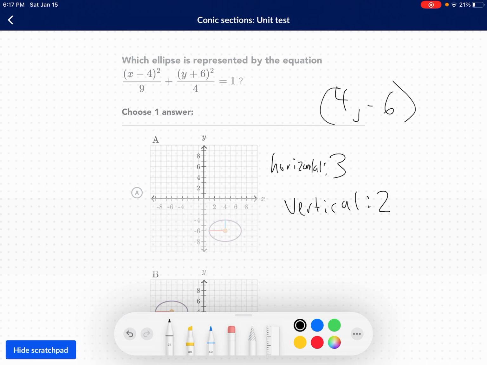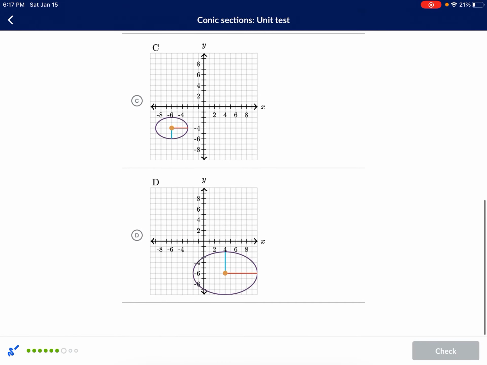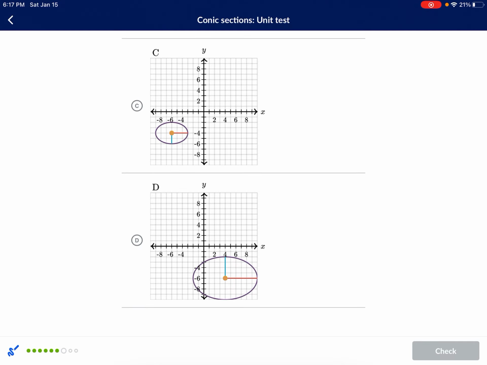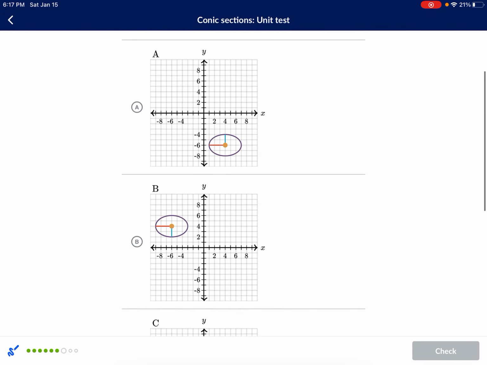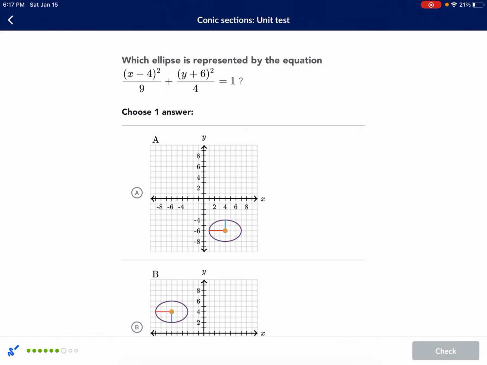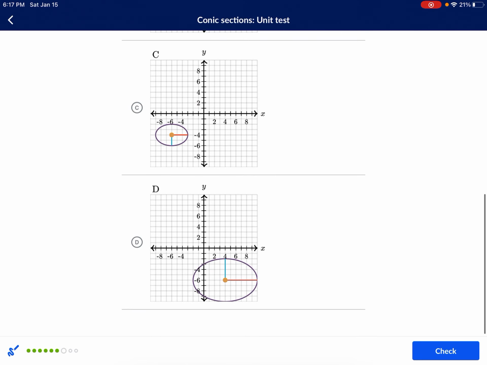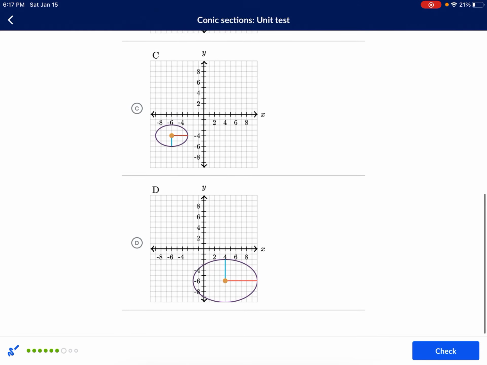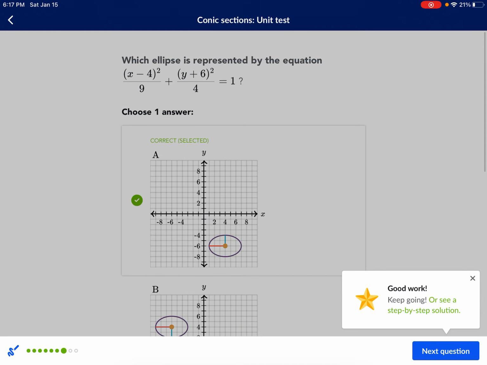So 4, negative 6. A could be a candidate. B is not, because it's not at 4, negative 6. And D could also be a candidate. So we have a horizontal semi-major axis with 3 units. A looks like the better candidate, because D has a semi-major axis of what looks to be 1, 2, 3, 4, 5, 6, which is not what we're looking for.